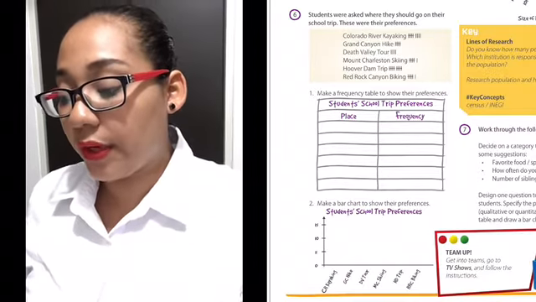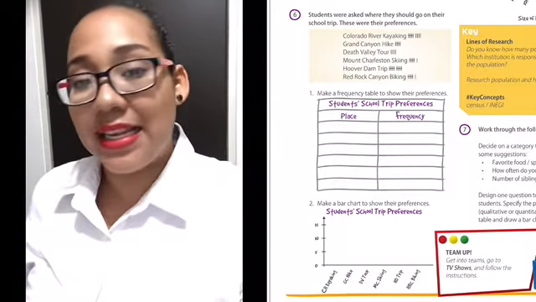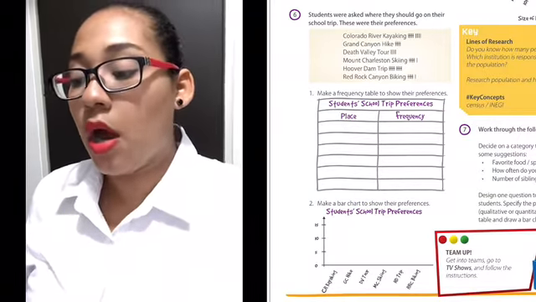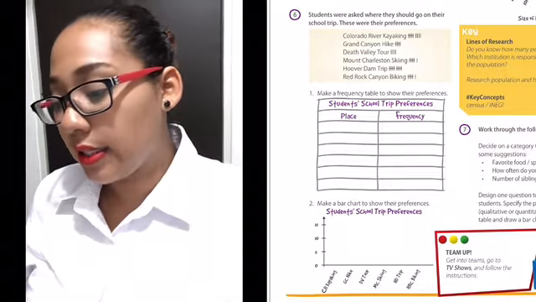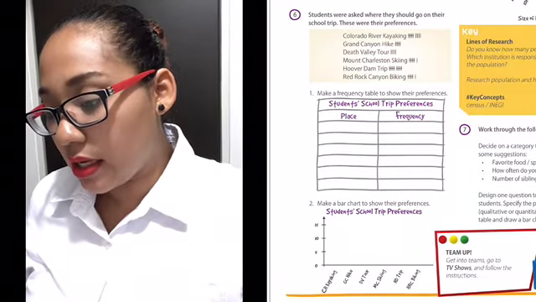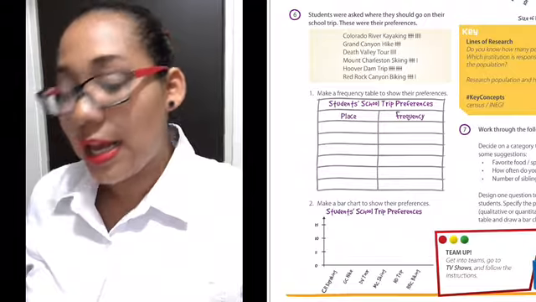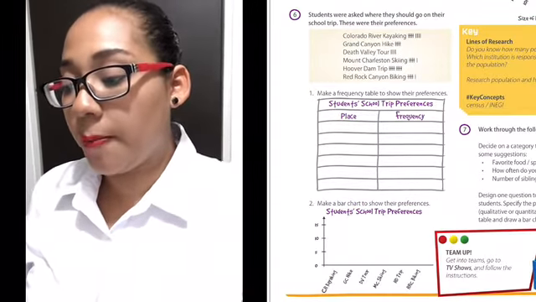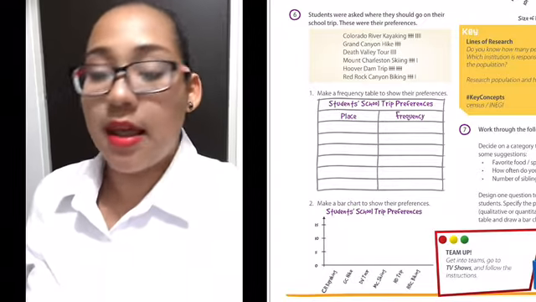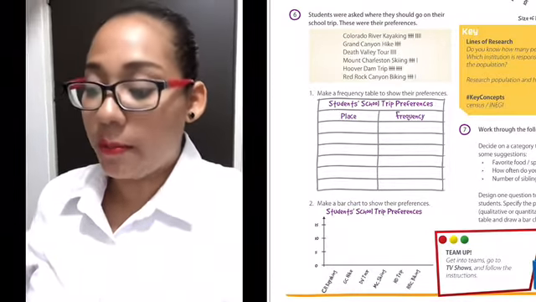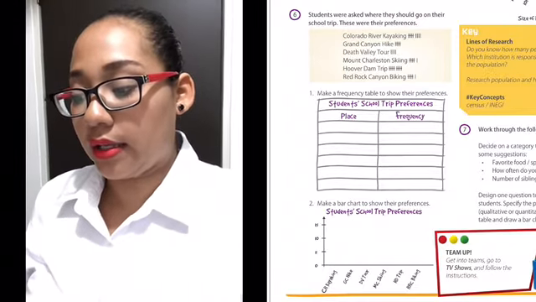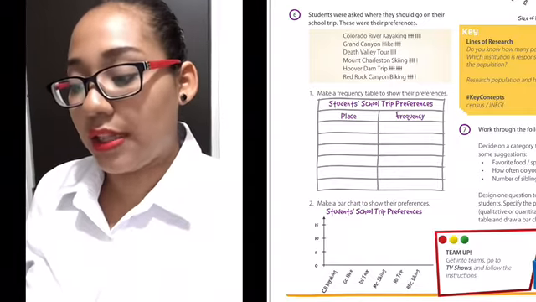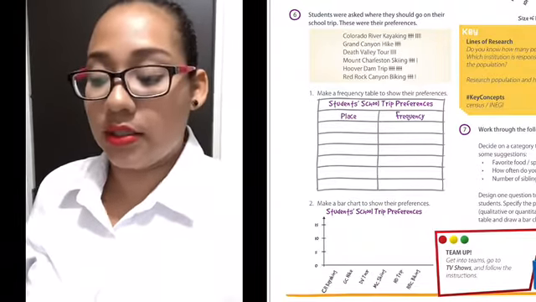After that, frequency: depending on the place, you write down the tally marks. For example, Colorado River has 9 preferences, so the frequency for that place is 9. Then you continue, place Grand Canyon hike, frequency 5. You continue, Death Valley tour, how much, and so on.